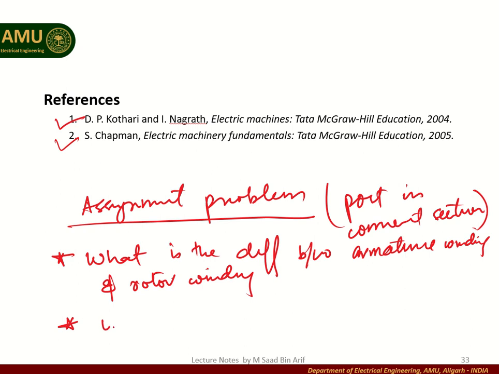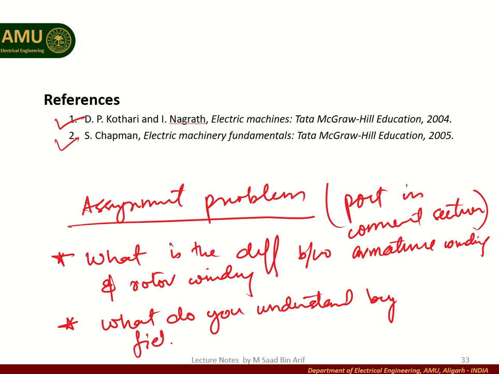And what do you understand by field winding and stator winding? Very simple question.